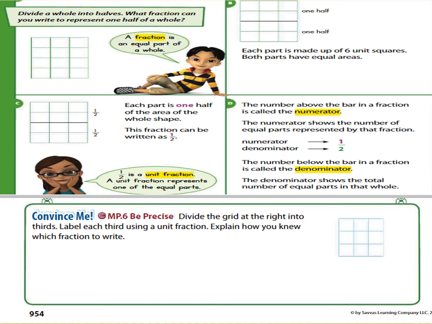You should write down 1/3 for each part. Now explain how you knew which fraction to write. I know that the whole is divided into 3 parts, right? So 3 is the denominator. Each part is 1/3, so the numerator is 1.